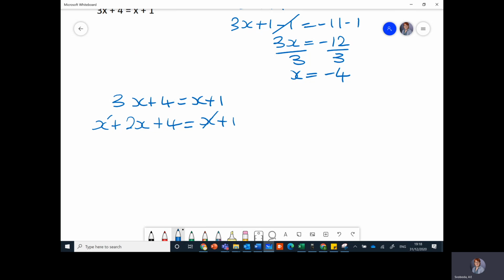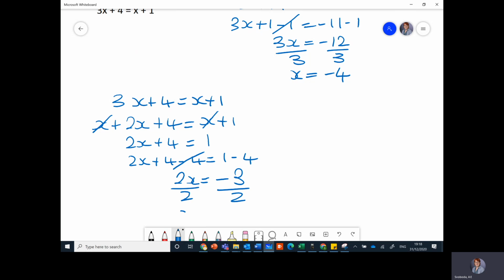Now we're going to cross off an x from both sides. We're left with 2x plus 4 equals 1. So 2x plus 4 minus 4 equals 1 minus 4. Obviously, you probably have your own way of solving this last bit, and that's fine. Divide by 2, so x equals minus 3 over 2.